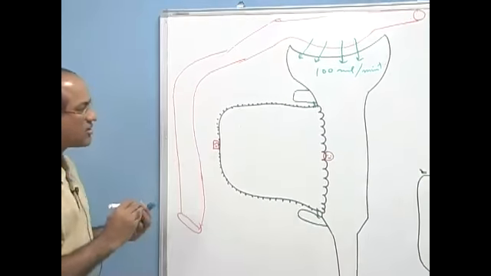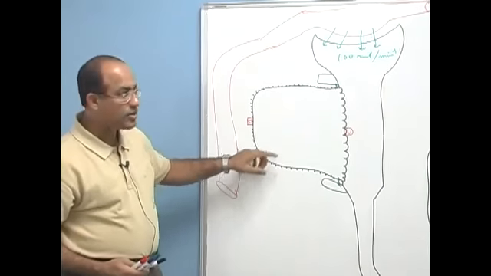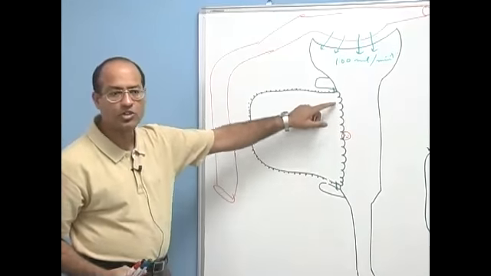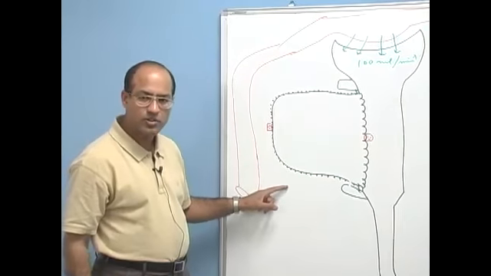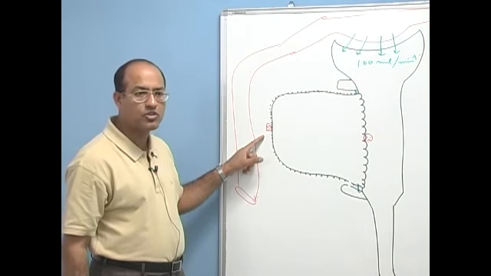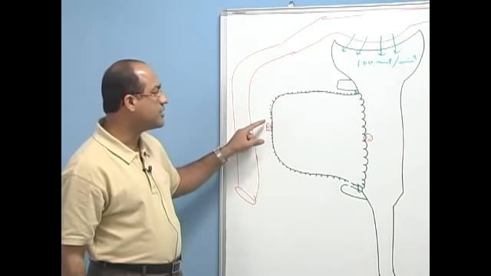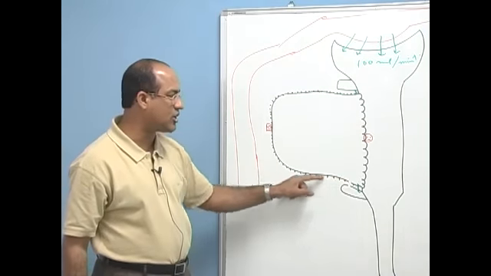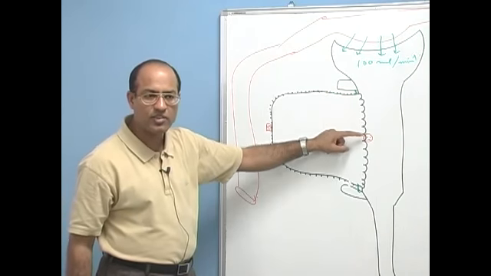Now, it means these proteins cannot come to the basolateral side. The proteins, the transporters or channels which are present on the luminal side, they cannot float to the basolateral side. And the different transporters or channels which are planted by nature on the basolateral side, they cannot come to the luminal side.